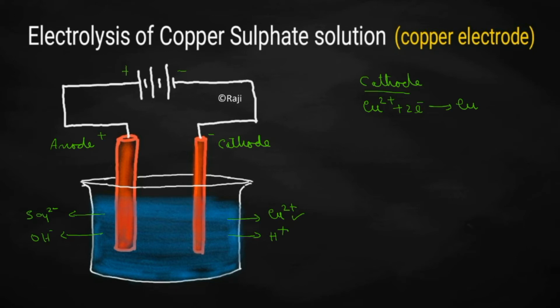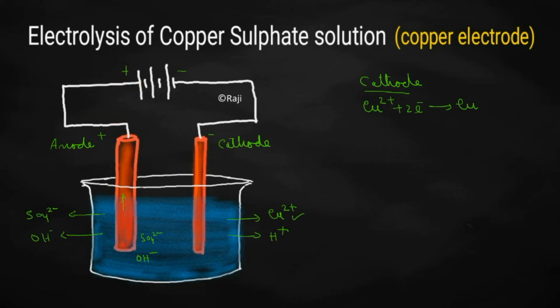Now what will be the reaction taking place at the anode? We know that SO4 2- ion and OH- ion will be present inside the electrolytic solution as anions, and they are staying nearby, but both of them will not get a chance to get discharged. What is the reason? This time we have taken a metal electrode and connected it to the positive terminal of a battery.